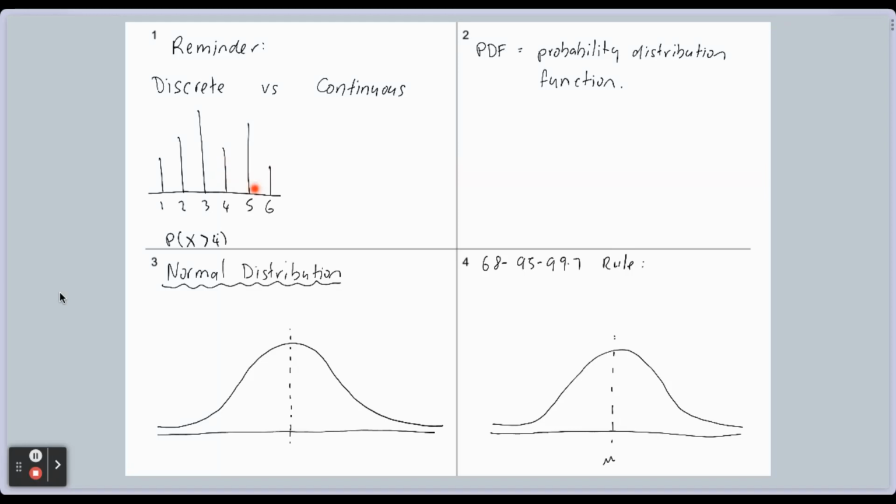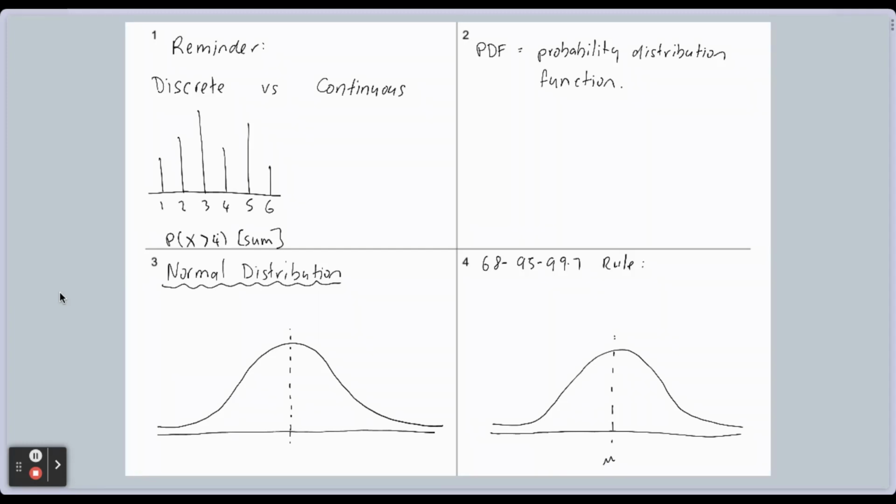It'd be that length plus that length. In other words, for greater than 4, it'd be that plus that. It'd be 5 and 6. So what we're doing ultimately is summing the probabilities to get that probability. Okay, that's a discrete probability distribution.